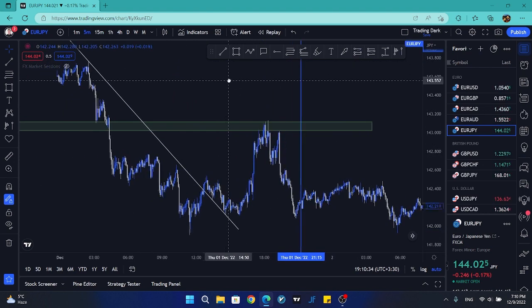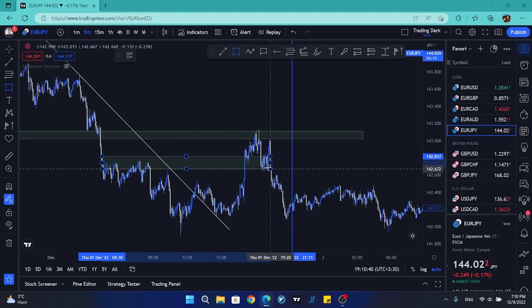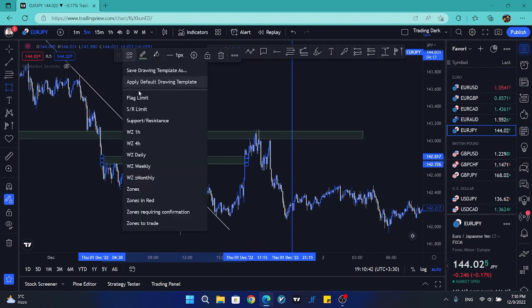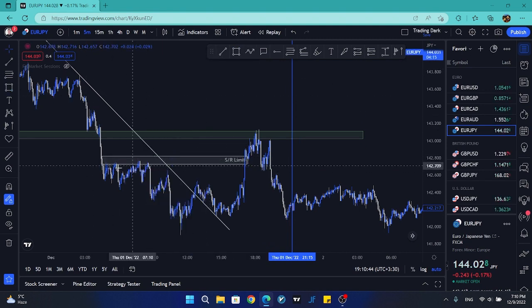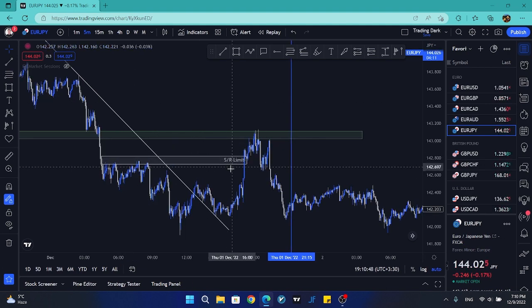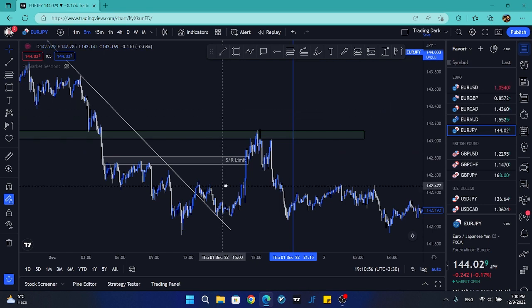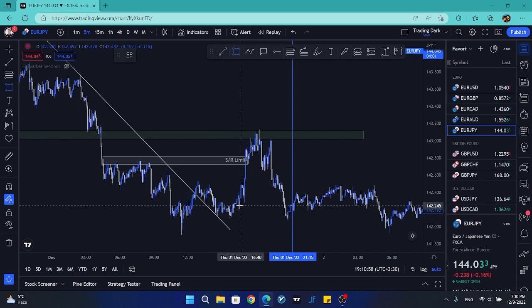Here, I saw one of these, which is a supply that held the price a few times, which I named an SR limit, which is an abbreviation for support and resistance limit. So then I noticed we've got a source of engulf here.